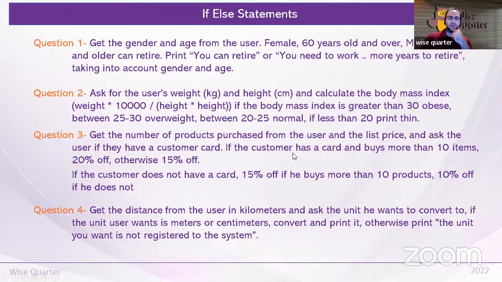If the customer has a card and buys more than 10 items, 20% off, otherwise 15% off. If the customer does not have a card, 15% off if he buys more than 10 products, 10% off if he does not.